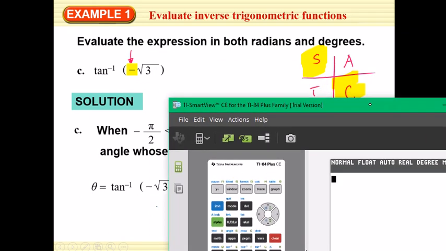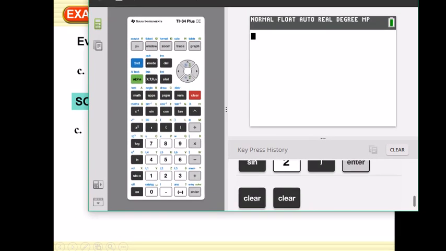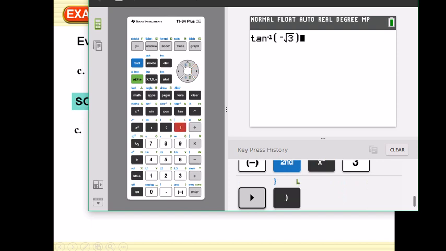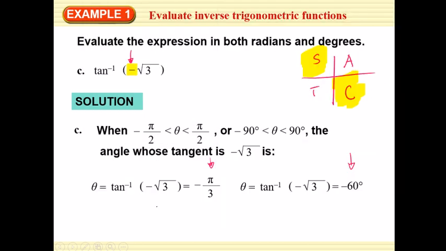So the tangent inverse of negative radical 3, I would press second tangent, negative, and shift radical 3, and then I would arrow over and close it out, and it gives me negative 60 degrees. It just spits it right out. Now I want you to keep in mind that you should have that table memorized in addition to being able to use your calculator.